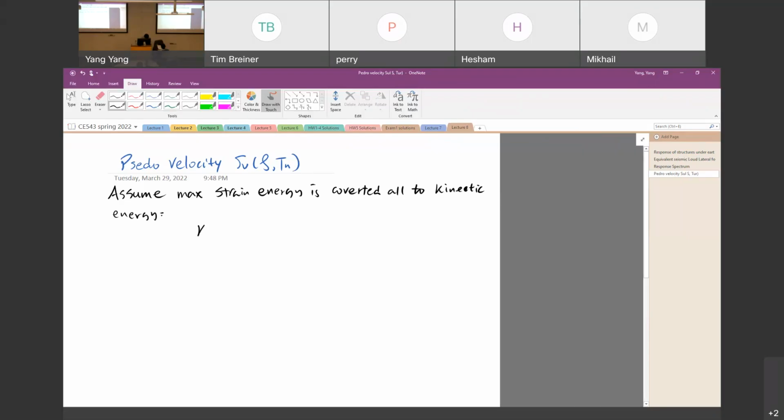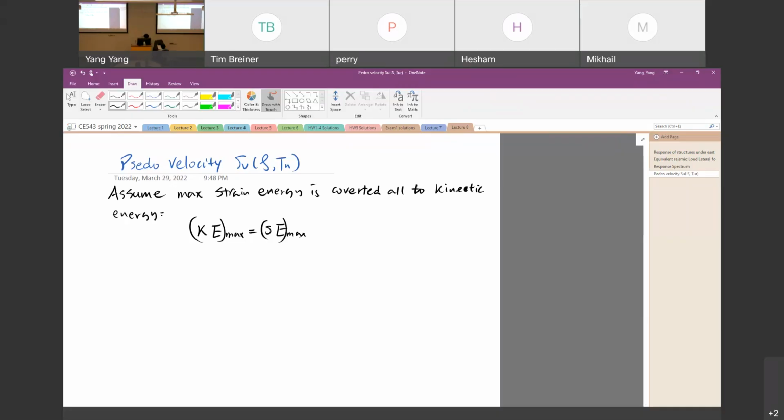So that means the maximum kinetic energy should be equal to the maximum strain energy here.